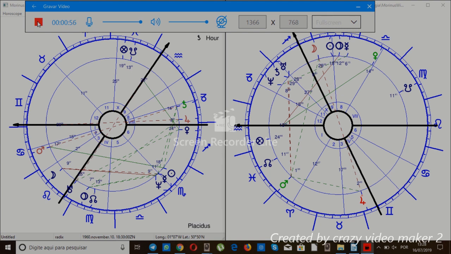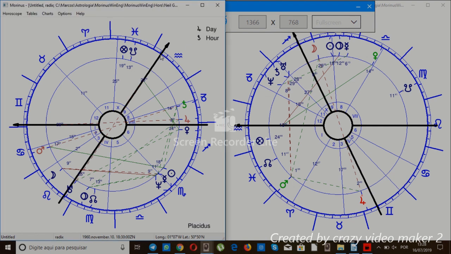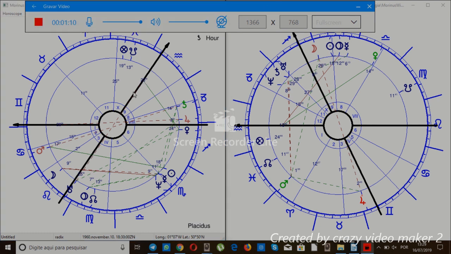So Saturn rules in the natal chart, in the birth chart, the 10th house of career, the 9th house of dreams, and the 8th house of death, which are obviously related to publishing the Sandman.